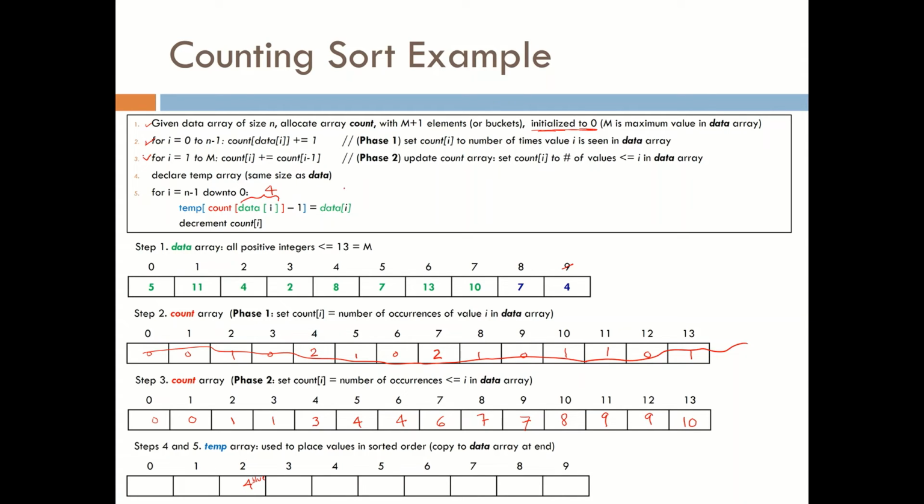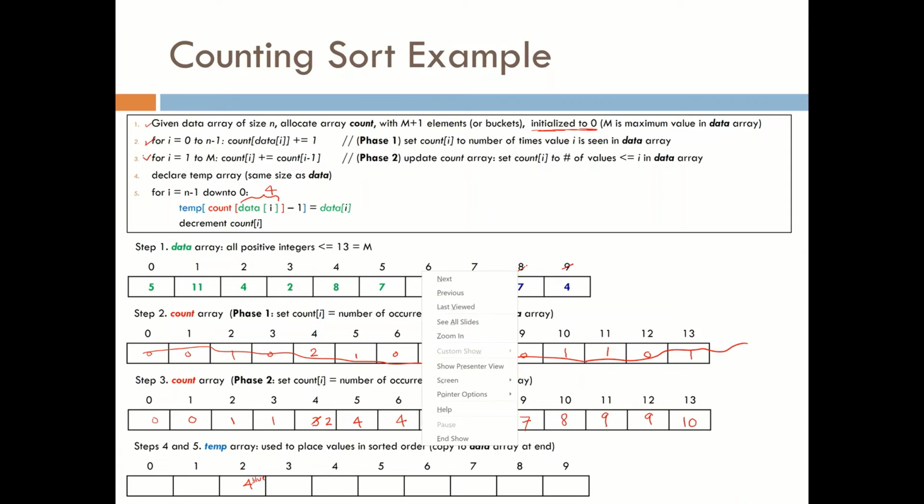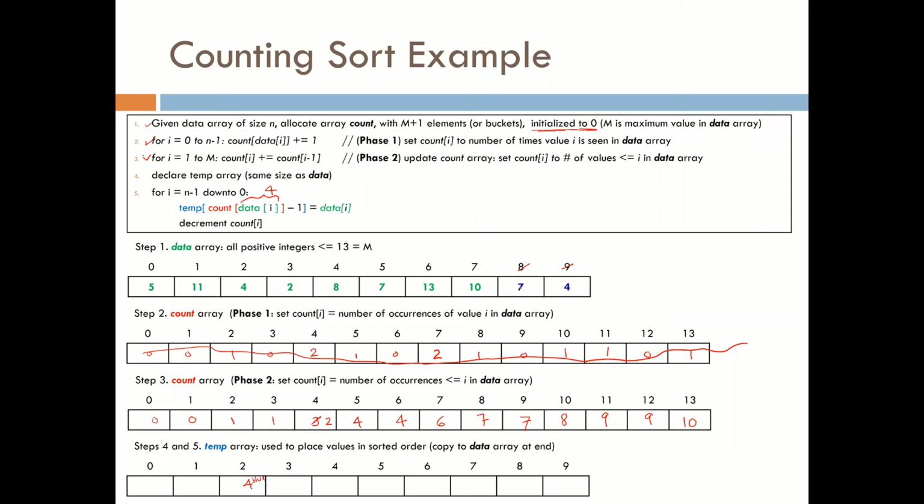And then I have to execute this line, which says decrement that particular count. So I'm going to decrement this to a 2. Okay, now we can get moving. We'll go to index 8. We decrement. Okay, and we see that there's a 7 there. We access the count array. Look at location 7.